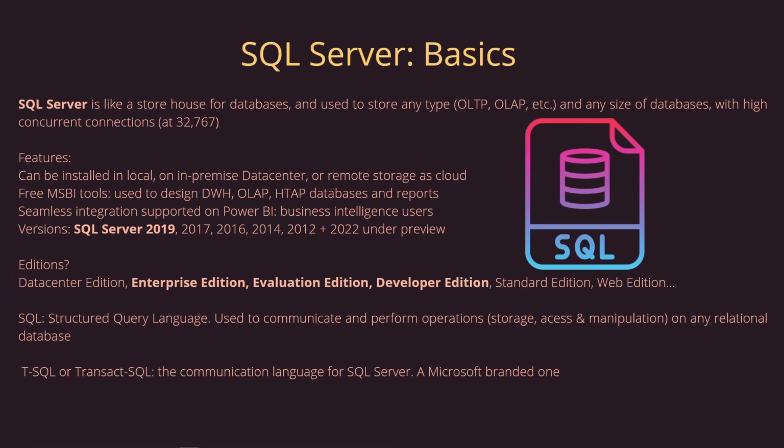The editions would be Data Center Edition, Enterprise Edition, Evaluation, Developer, Standard, etc. In our case, we will be using either Evaluation or a Developer Edition for the instance that we will be setting up in our local machines, and an Enterprise Edition that we will set up at our end to let you connect to a remote or a cloud server.